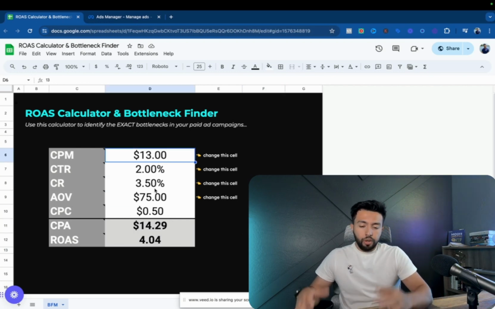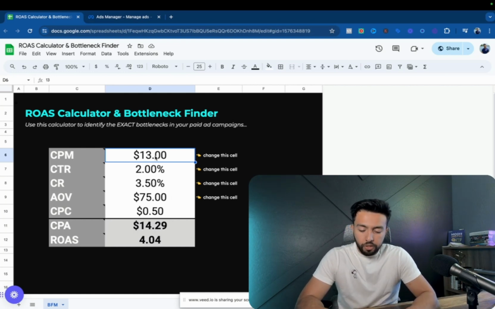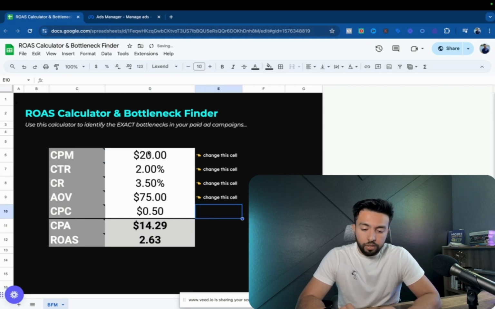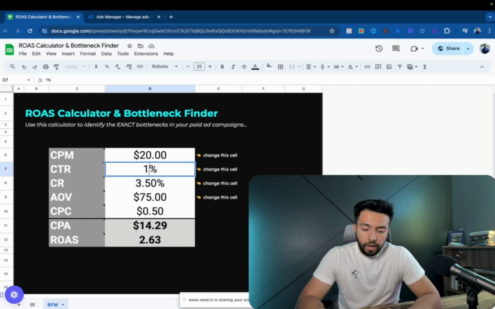If you are getting a bad ROAS, it could be because you have a high CPM. Say you have a CPM of 20, even though your CTR is good and conversion rate is good, you get a 2.6 ROAS. Or your ads are not the greatest. Let's just say your CPM is okay, but your click-through rate is just 1%, barely minimum okay.